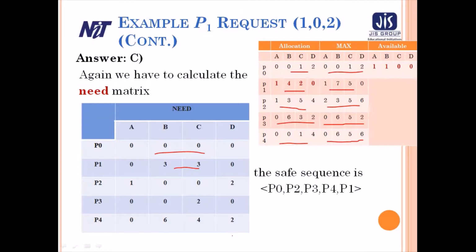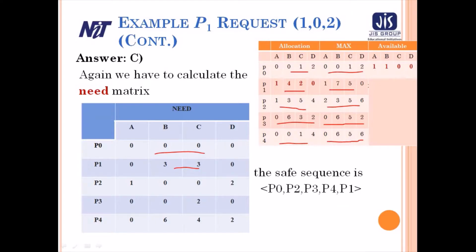Okay, now again we have to check. Our available is 1100. Now first P0 executes, and we have to check whether we get a safe sequence or not.